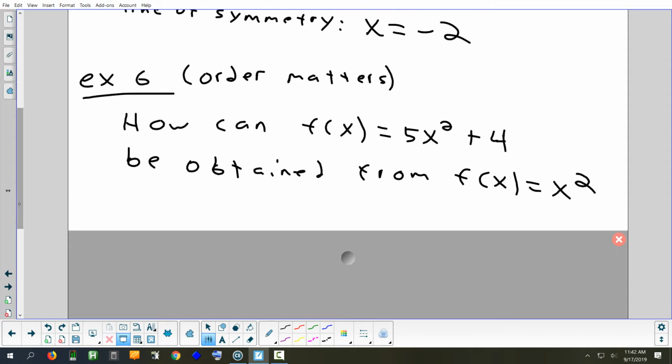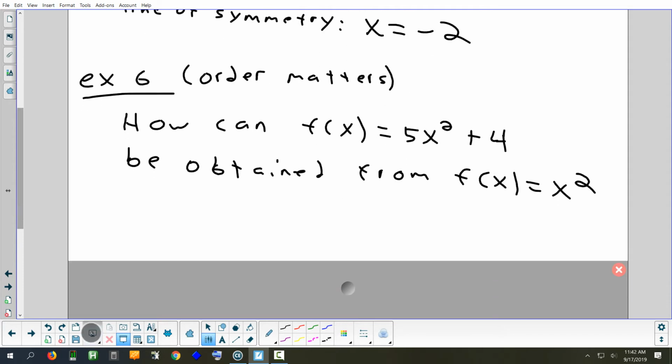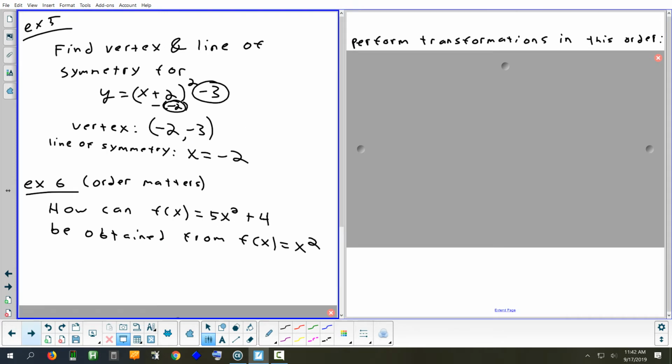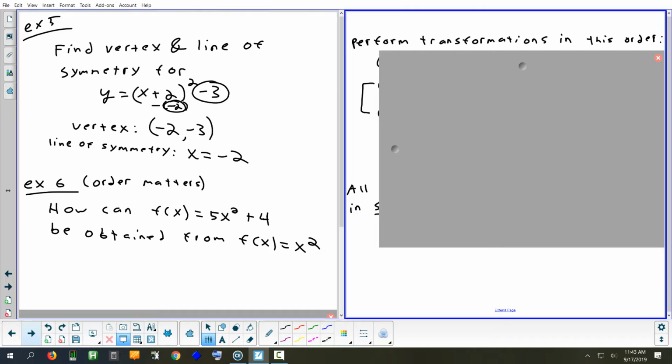All right, so now we're getting into transformations where order matters. So leave maybe 2 or 3 lines under example 6, and then below that you can put down the order.